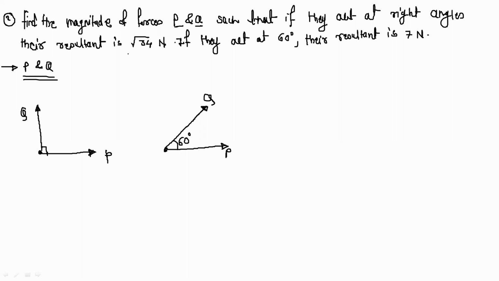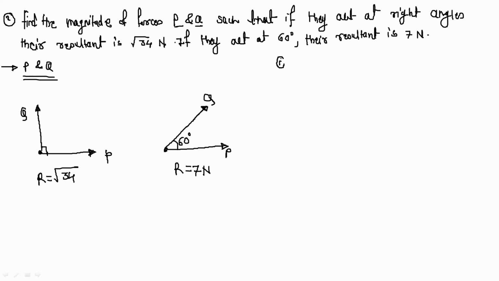And the information about the resultant is given. When they are acting at right angle, R is equal to square root 34. And for the second condition, R is equal to 7 Newton. As the information about the angle and the resultant is given, we can directly use the formula of the resultant.